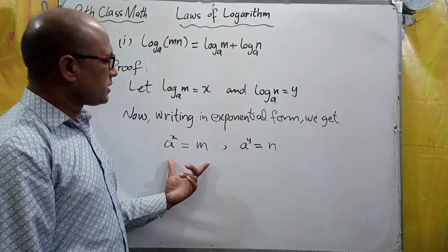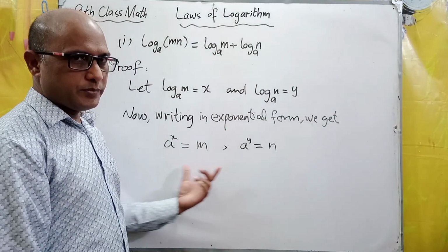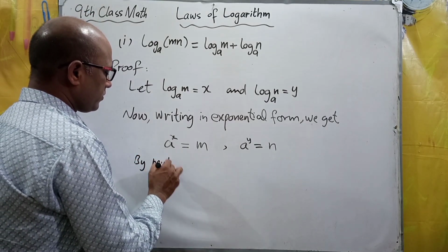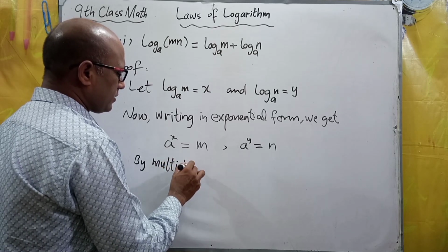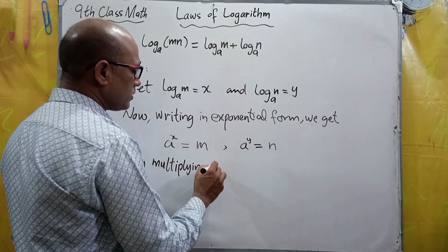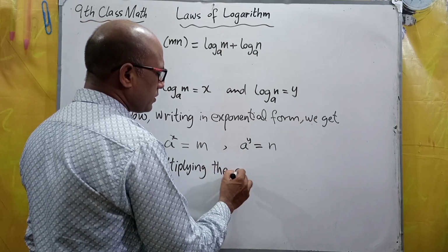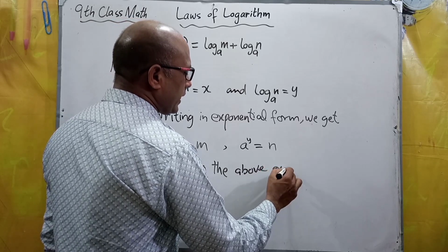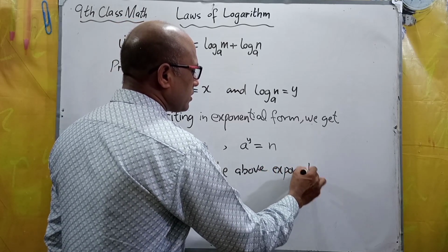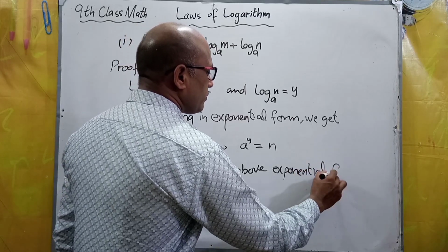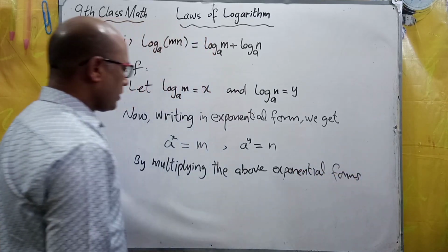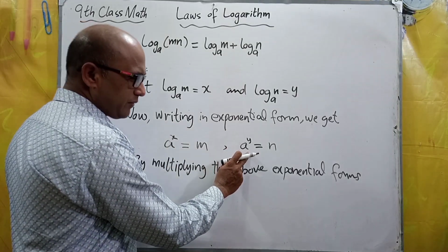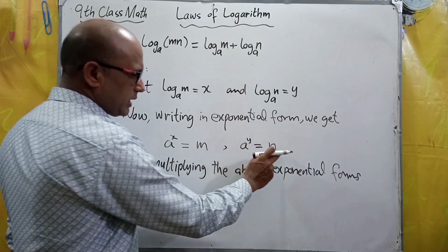Now students, we will multiply them, multiplying the above exponential forms. So we'll multiply these two, left hand side with the left hand side and right side with the right side.